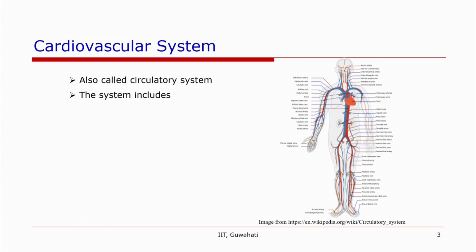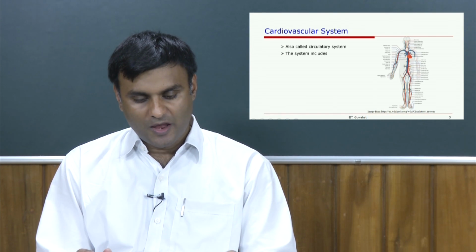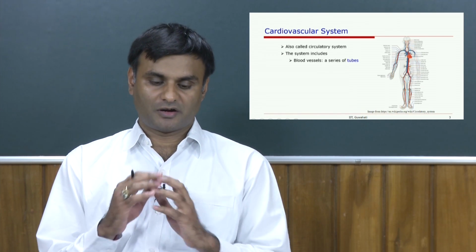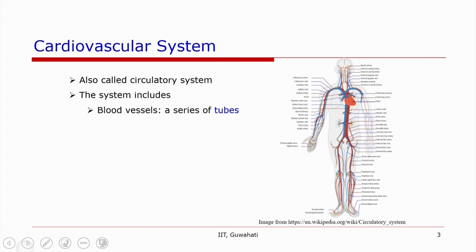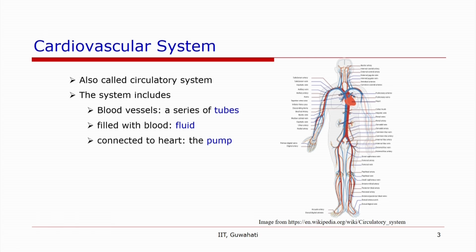From an engineering point of view, it is a closed system of pipes which includes a pump which can flow the fluid in a network of pipes or tubes, which are arteries, arterioles, capillaries, venules, veins, and so on.